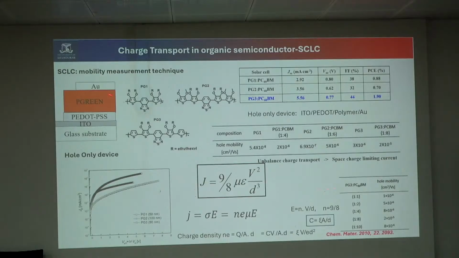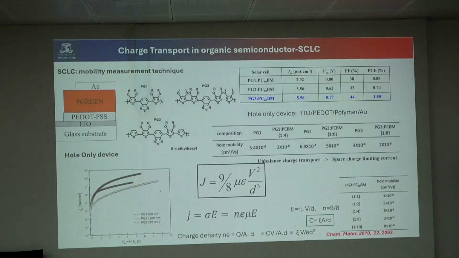The electron cannot be injected. We make this device in such a way that we inject only holes, so that the holes become stagnant and create a space charge. From that we will deduce the mobility.